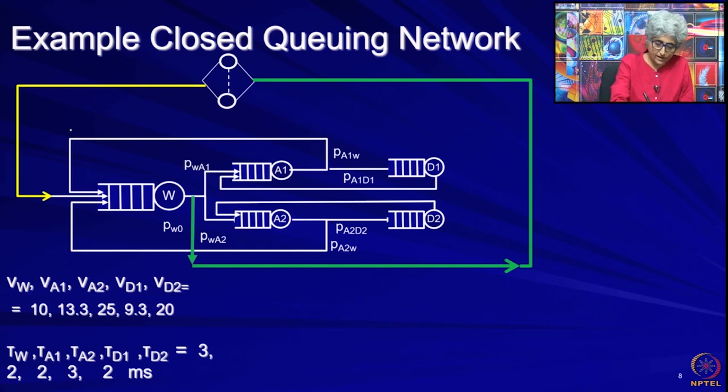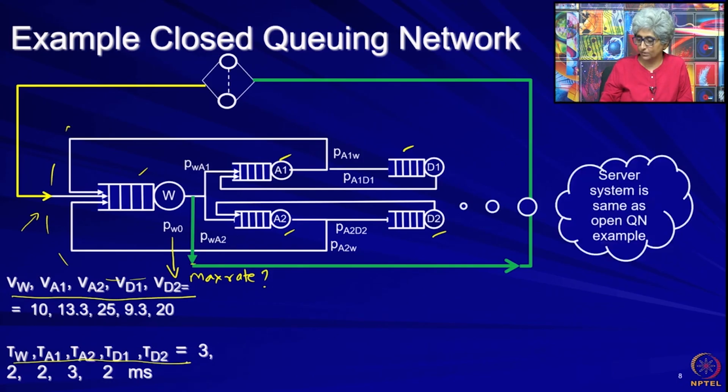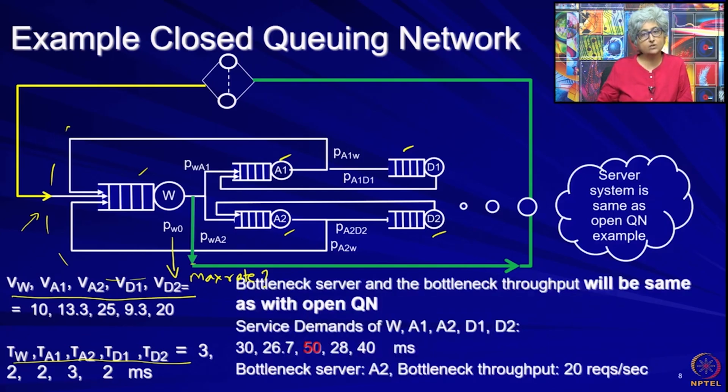We are talking about simply what is the maximum rate here, and which among these nodes is going to be determining that rate. How is that related to whether we are modeling the arrivals as open or closed? That is also suggested by the fact that to answer this question we only use the visit counts and the service times. So, this has nothing to do with closed or open queuing network, and these answers are going to be the same. So, I am not going to repeat that calculation.